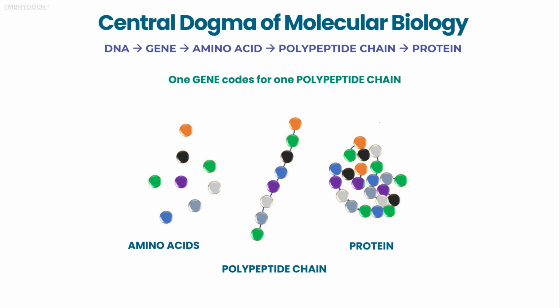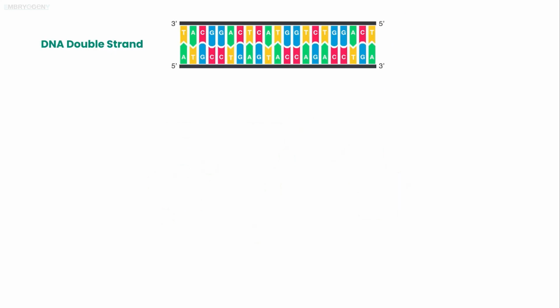These polypeptide chains take a specific shape due to various chemical bonds that attract different amino acid side chains differently, forming a three-dimensional structure called a protein. So proteins are like weird-looking three-dimensional blobs of amino acids joined in a specific sequence.